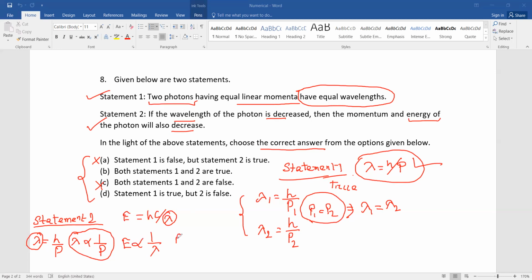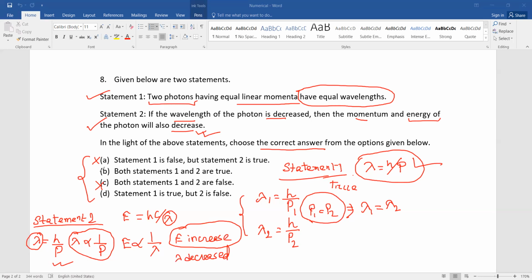So energy will not decrease, it will rather increase. Similarly, if the wavelength is decreased, momentum will increase. Therefore, statement two is false.